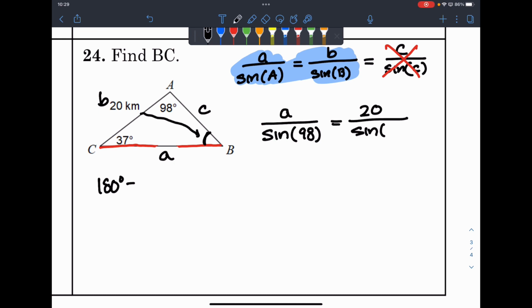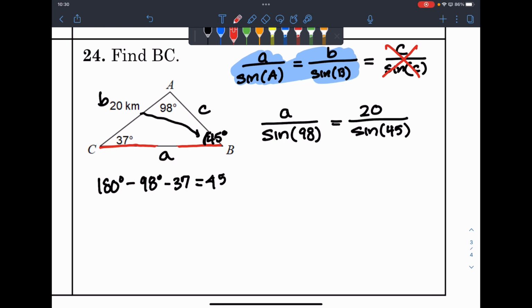So 180 minus the 98 and the 37 gives a total of 45. So this angle here is a 45-degree angle. So 20 divided by the sine of 45 is going to be our proportion.